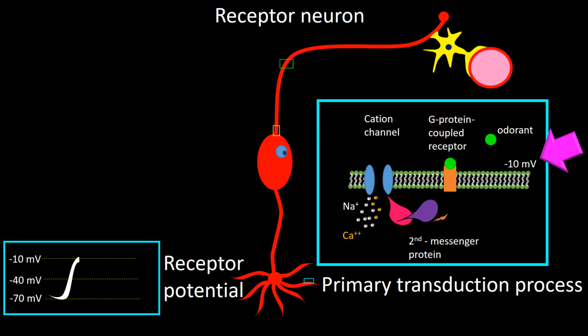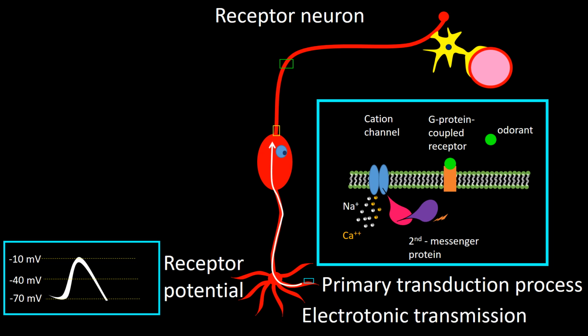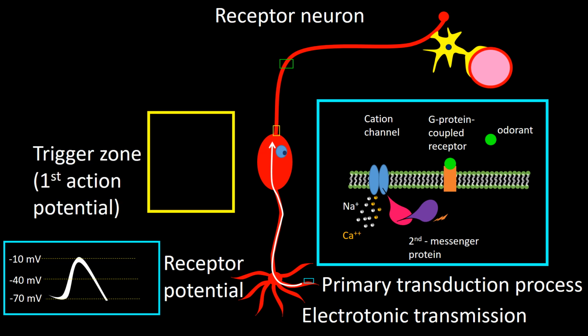So how do we put these effects together? A strong stimulus raises the membrane potential to minus 10 millivolts. The channels close and the receptor potential dies down. Yet the receptor potential has generated an electrotonic force or current sufficient to reach the axon hillock and generate the initial action potential with a hump.